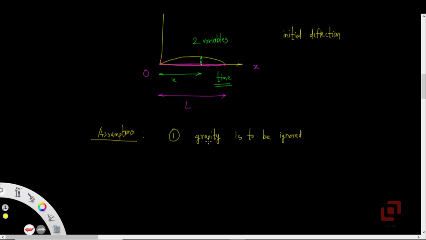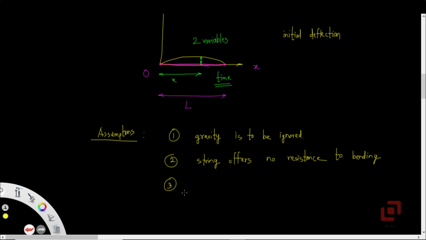So we are totally going to ignore gravity in our derivation, although it exists. Secondly, we are going to assume that the string offers no resistance to bending. I will tell you where we use the second assumption when we begin the derivation.